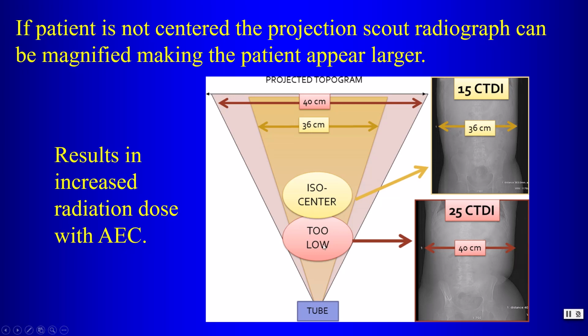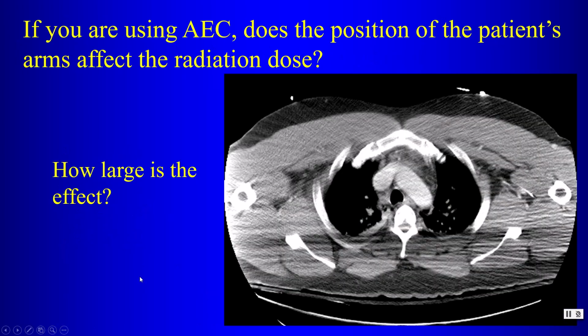So it will erroneously assume that the patient is larger, and the opposite can happen if the patient is centered above the isocenter of your scanner. This changes the size assumptions as far as the software is concerned for your particular patient, and can give you poor image quality or might result in over-radiating the patient.